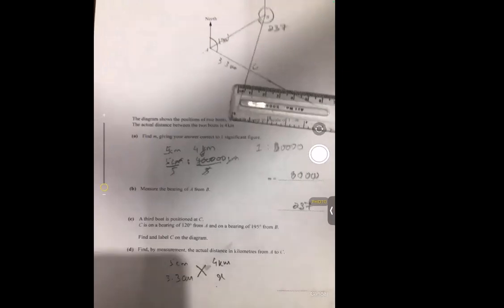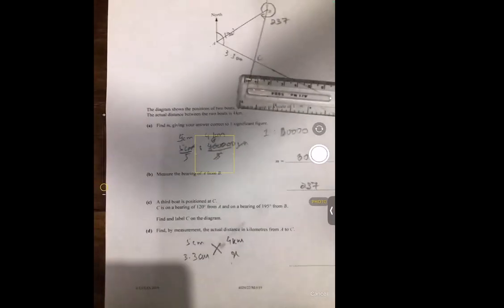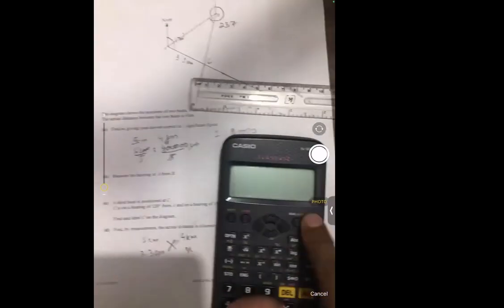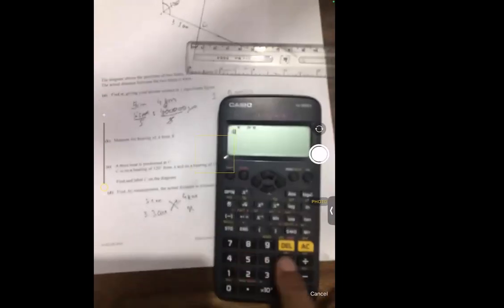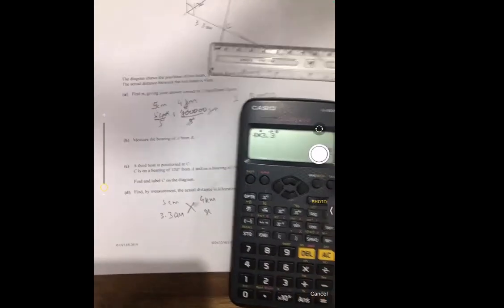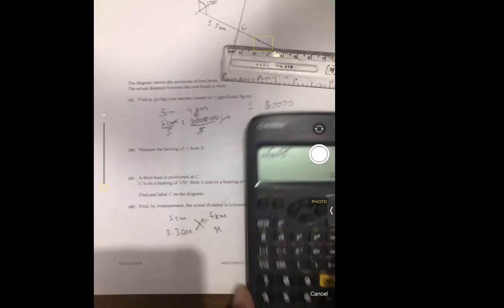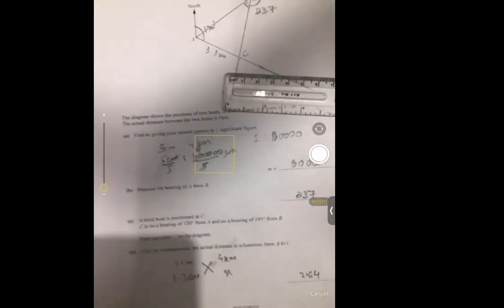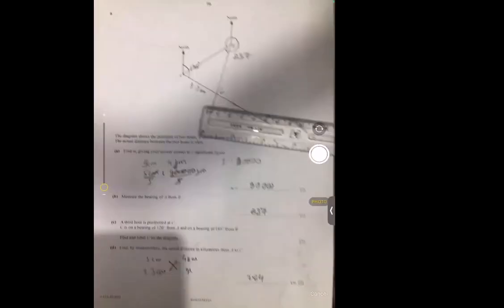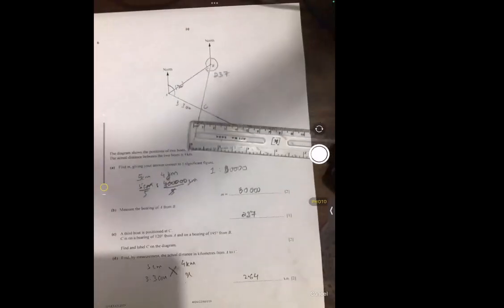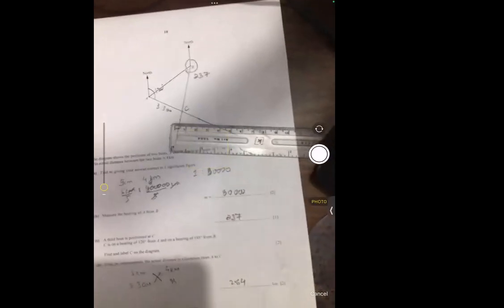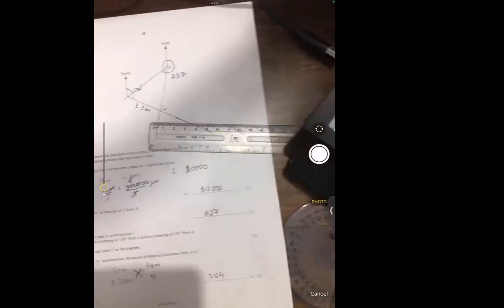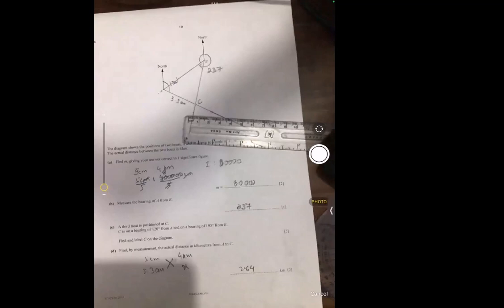I'm going to cross multiply: 4 multiplied by 3.3 divided by 5, which gives 2.64. I'm pretty sure this will not match the marking scheme because the lengths are not the same. The lengths differ over here, which is why I got 2.64. The marking scheme's answer might be different. So I got 2.64 kilometers from A to C.